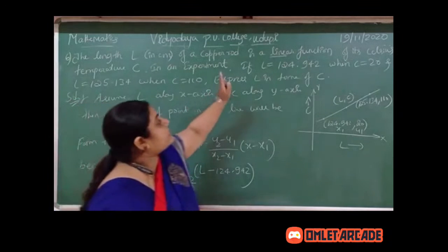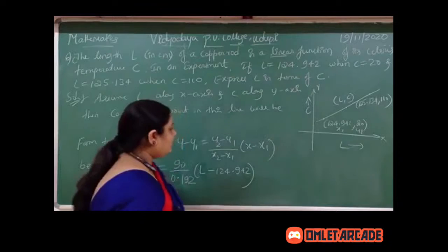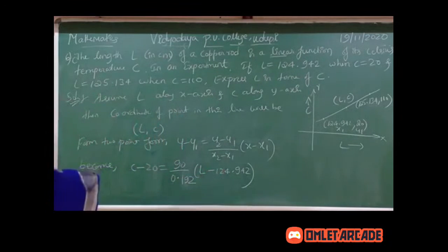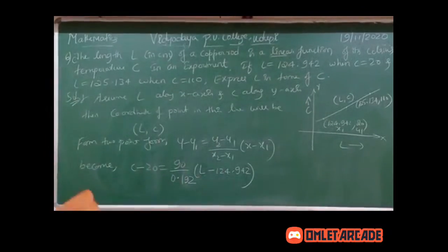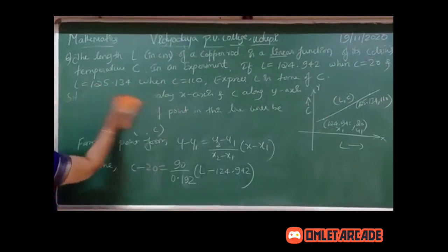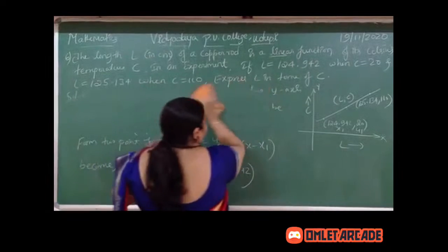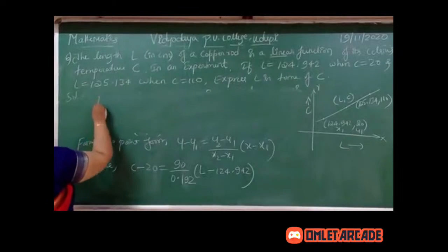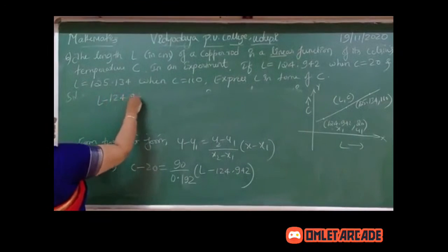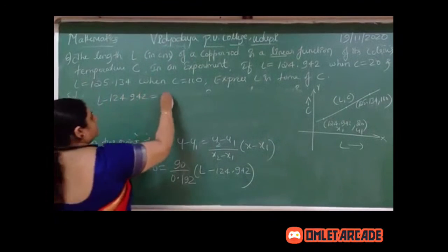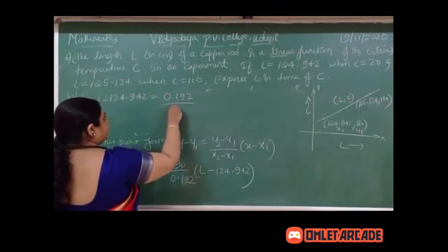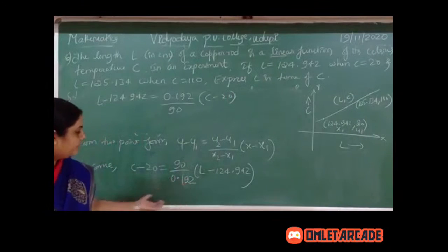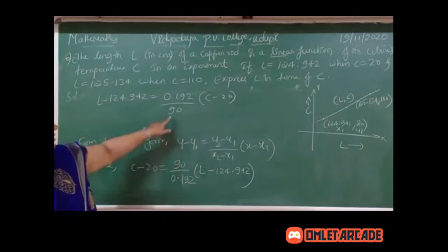But the question is to express L in terms of C, right? Let me write L on one side and the remaining on the other side. L minus 124.942 is equal to 0.192 divided by 90 into C minus 20. I shifted this to the other side, so it becomes reciprocal.